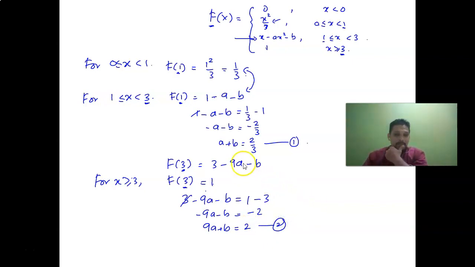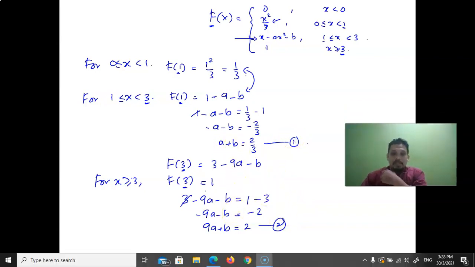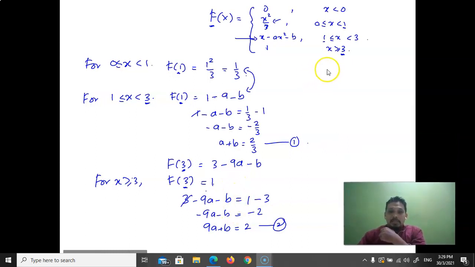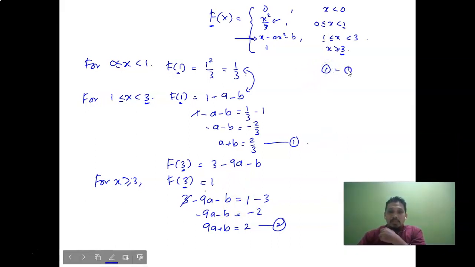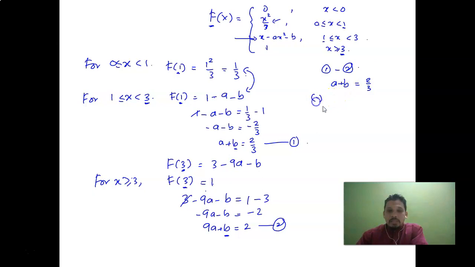Okay. From these two equations, equation 1 and equation 2, there are two variables, a and b. Now, let's do equation 1 minus equation 2. So a plus b equals 2/3, minus 9a plus b equals 2.